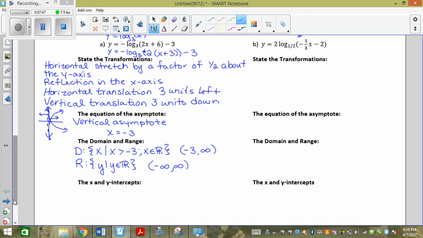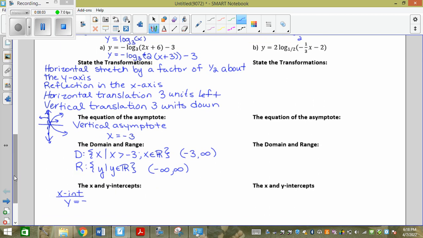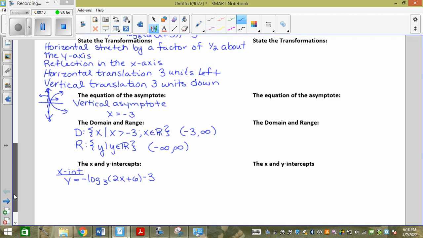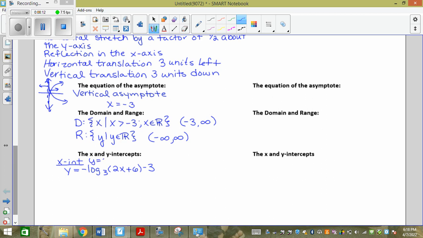The x and y intercepts. If I want an x-intercept and a y-intercept, to get the x-intercept, I set y equal to 0. So y equals negative log base 3 of 2x plus 6, minus 3. Setting y equal to 0, I get 0 equals negative log base 3 of 2x plus 6 minus 3.